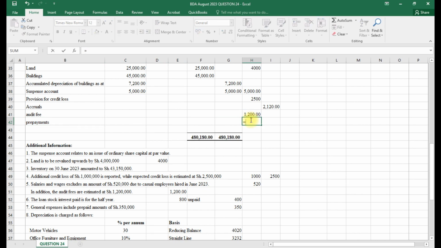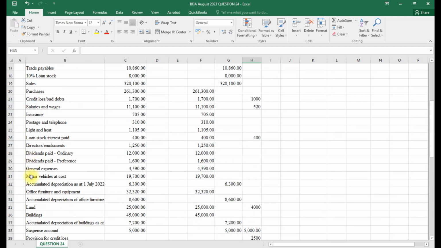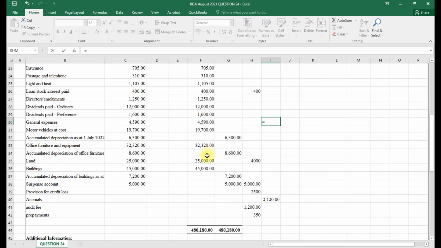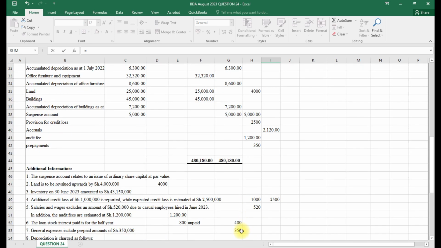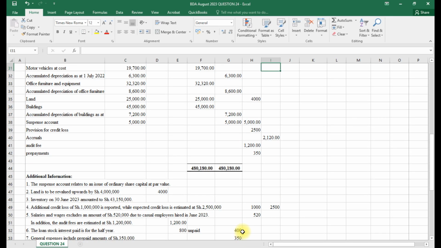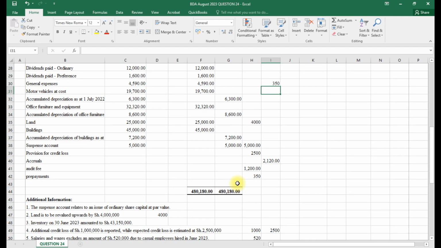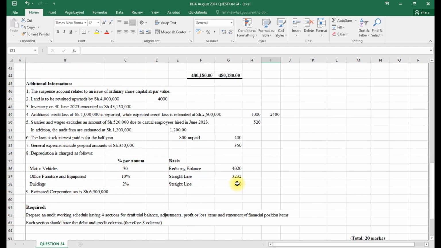I'll debit that, and I will credit general expense. General expense is somewhere here, and I will credit this general expense with 350, which is a prepayment, that way. Then what else do we have?